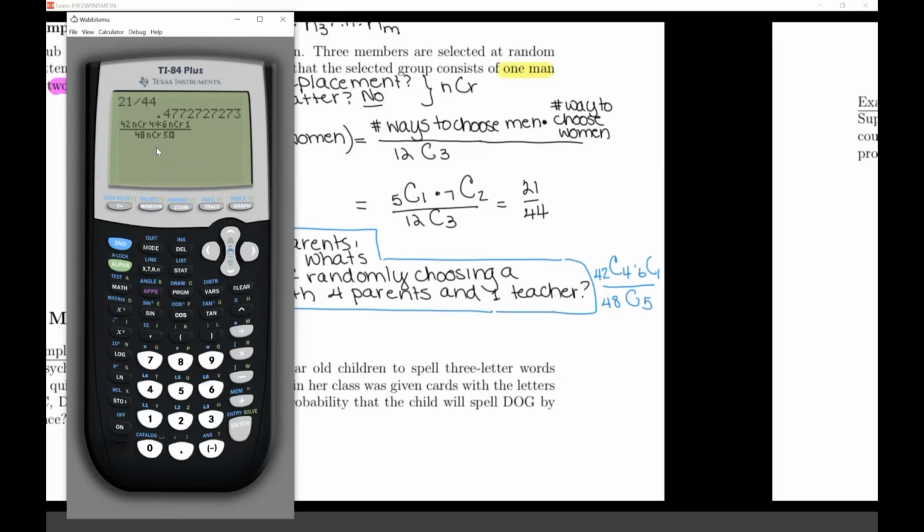So that fraction looks like what I wrote down on the paper. And then I just hit enter, and I get about 0.3922. In general, if you're going to enter your probabilities as decimals, carry about 4 decimal places.